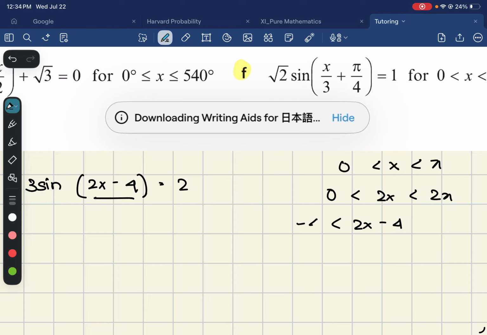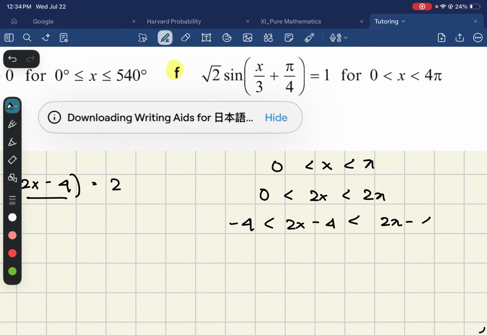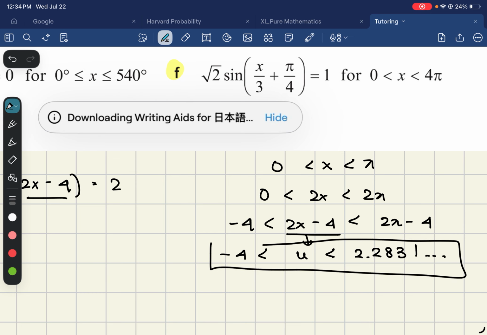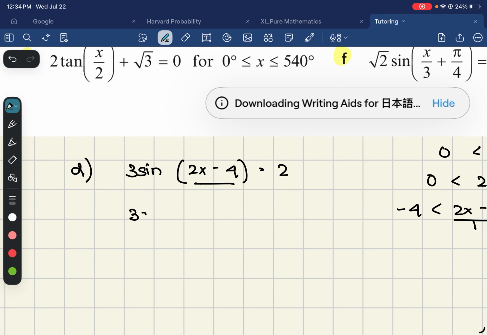So 0 minus 4 is negative 4, and then 2 pi minus 4. I'm going to call this variable u, and 2 pi minus 4 is approximately 2.2831. So this bound is going to be useful.